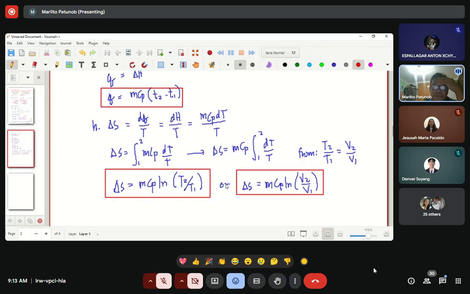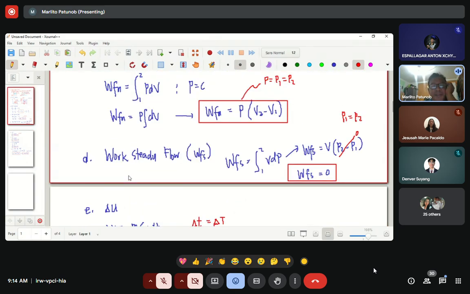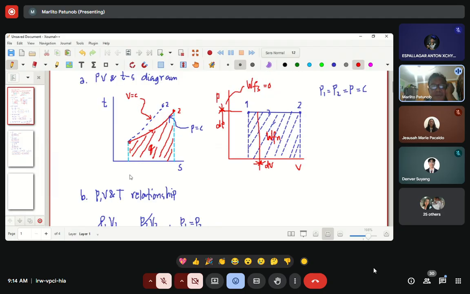So you have to familiarize yourself with these formulas in the isobaric process, but you don't have to memorize them. You have to analyze everything, for example from the TS diagram and the PV diagram, and then I guess everything will be solved.